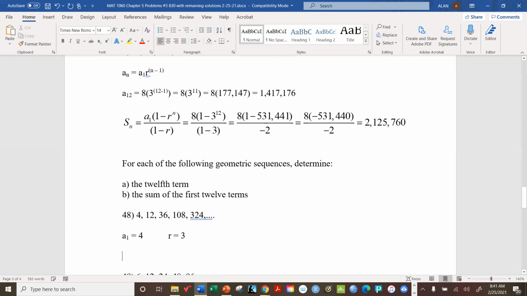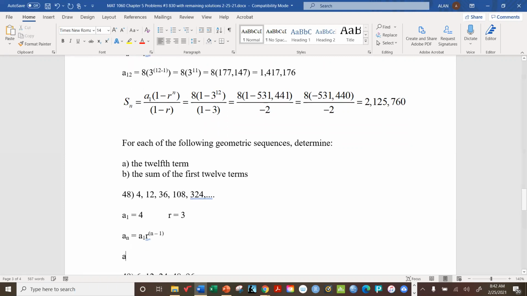So in order to come up with the 12th term, we'll go back to this formula. And so A12 equals 4 times 3. And the exponent is 12 minus 1. So just by coincidence, we've already seen this one. 3 to the 11th.